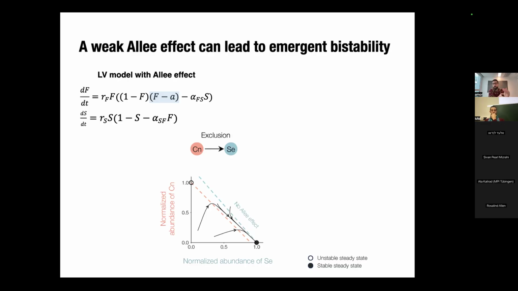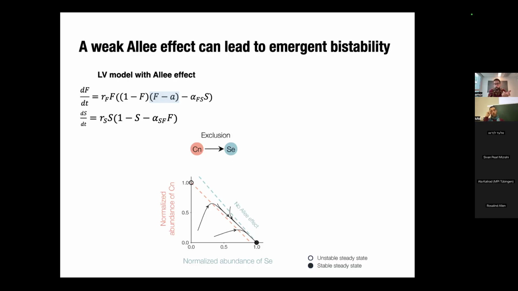It goes towards the blue species winning. Here we have the value of 1 as the carrying capacity of the blue species, and 0 as the final density of the red species. This is the case in the Lotka-Volterra model, in which we don't have cooperative growth.